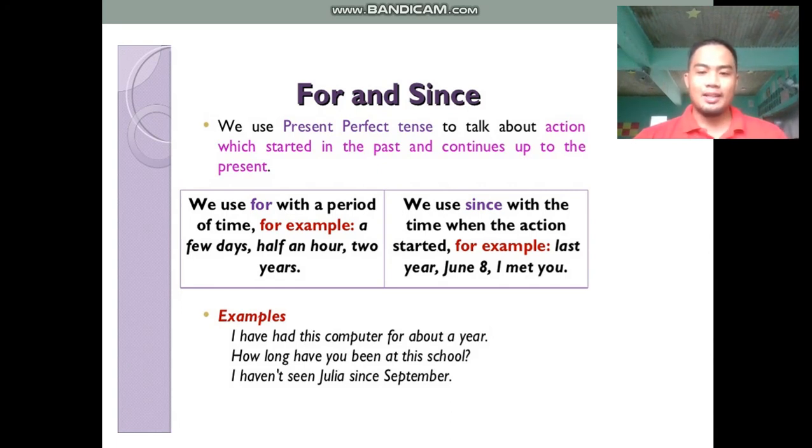For example, last year, June 8, I met you. Okay, so ngayon punta, since I met you, since June 8, since last year. So, ging determine ta ang past nga time sa nagdinigat pa, mga naglawig na. So, take note lang ang sa for is specific and sa since is in general.